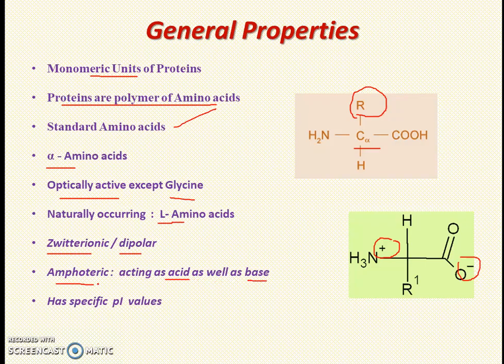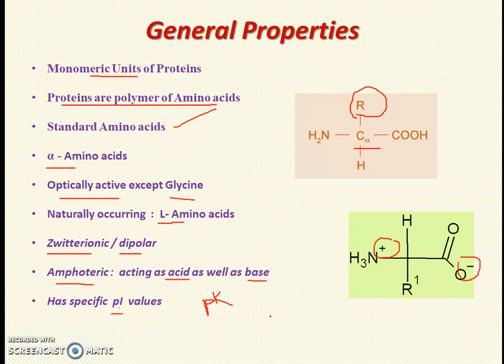As they are amphoteric, they have specific pK values when they are titrated against acid or base, and amino acids have specific isoelectric points. It is the pH at which the amino acid does not contain any charge.